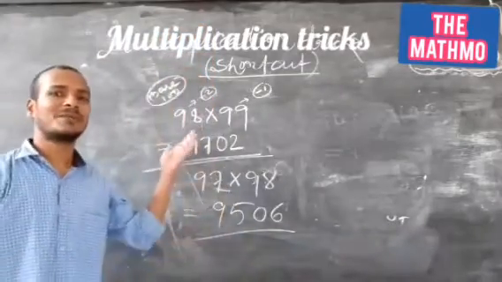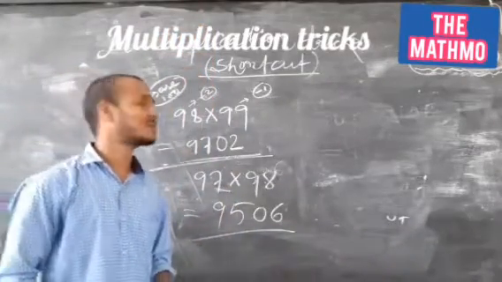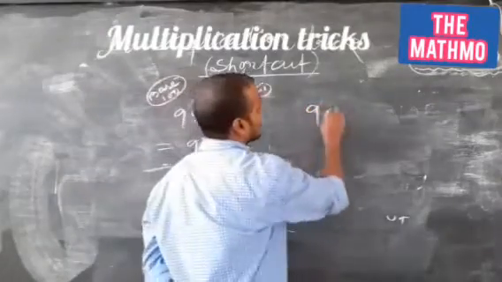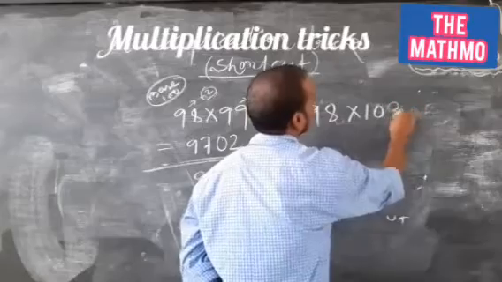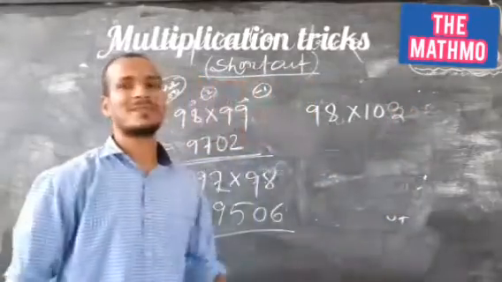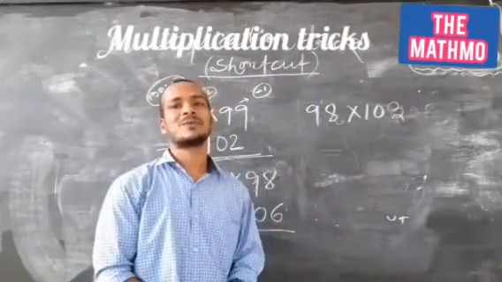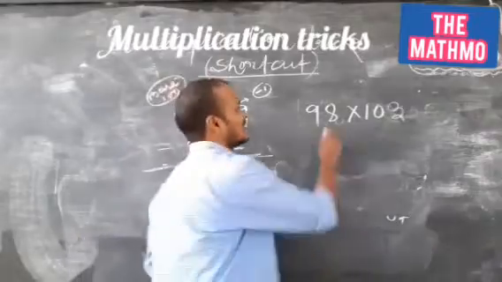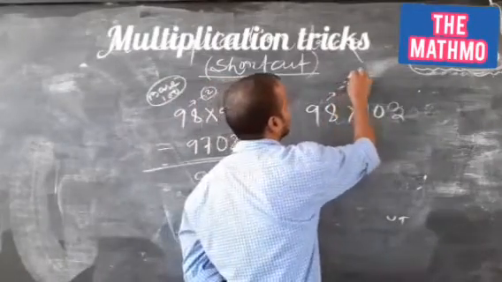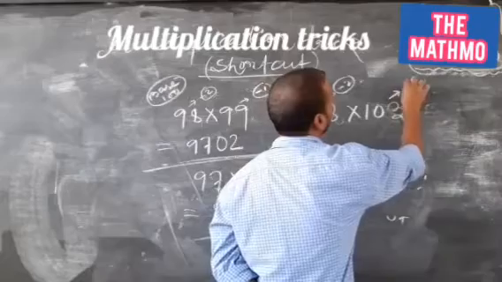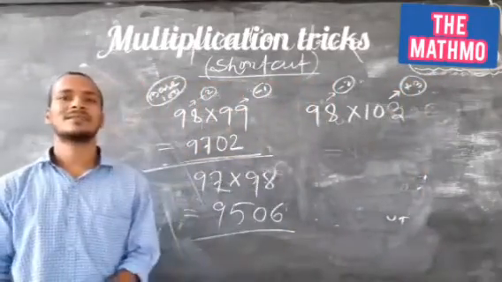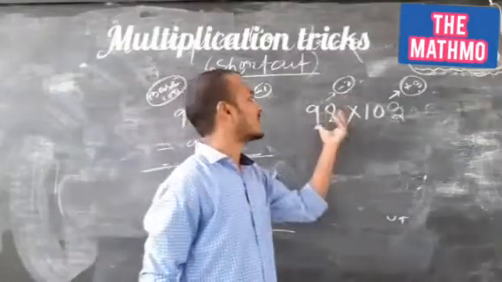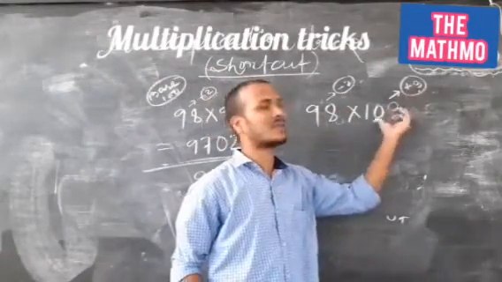Now think one number is less than 100 and one is more than 100. So we are going to multiply 98 and 103. So that time, what to do? This number is 2 less and this number is 3 more. So in that case, it is 2 less than 100 and this is 3 more than 100.